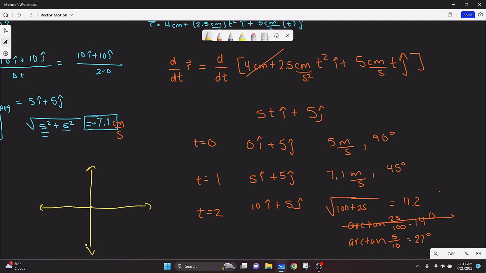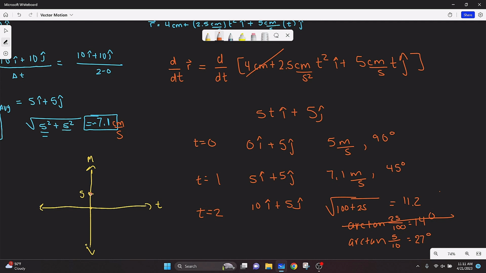And at t equals 0. So let's say this is t, and this is position, we'll say meters. At t equals 0, we are traveling at 5 meters per second. Let's say this is 5.